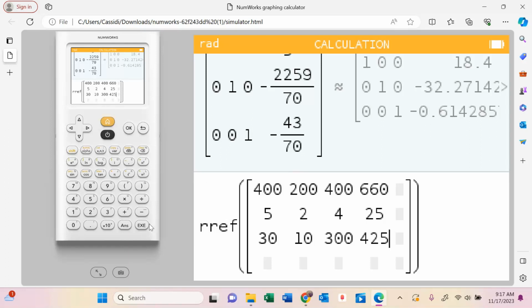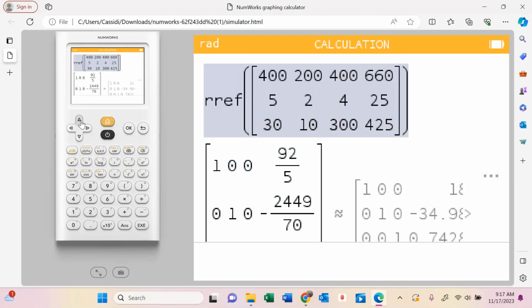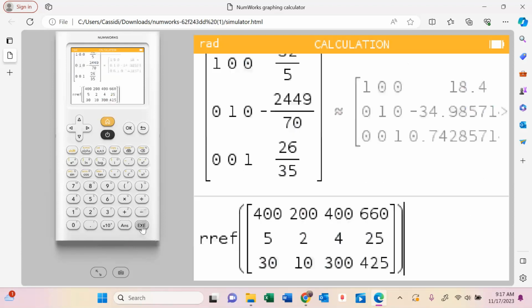So now we'll click enter again. What is happening? Why is that still wrong? Oh, because I put 400. Man, I just really messed this one up, didn't I, guys?